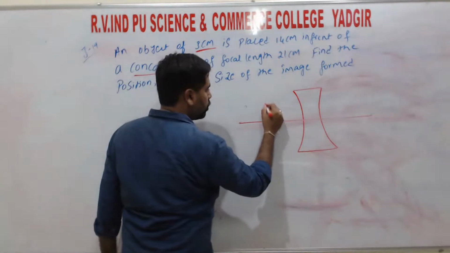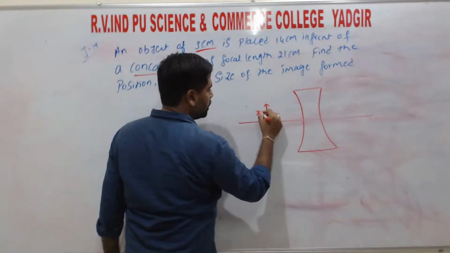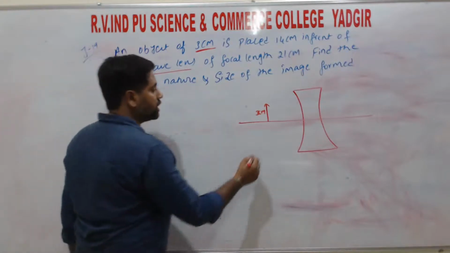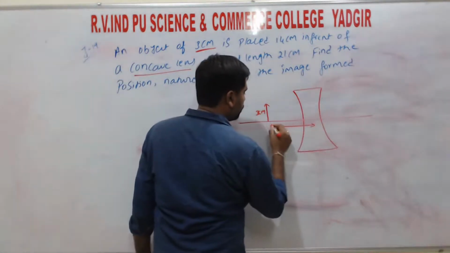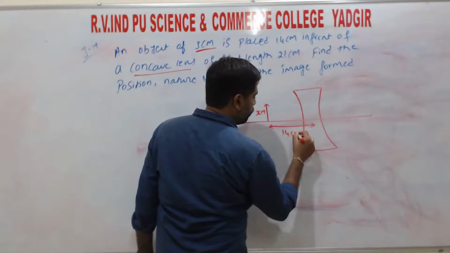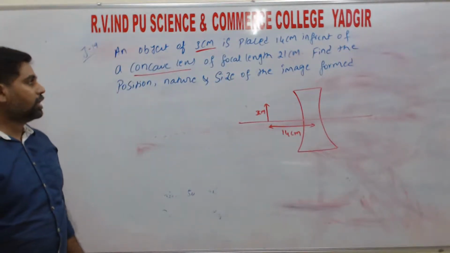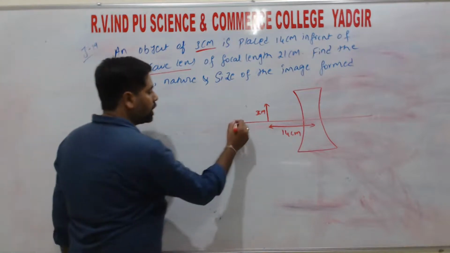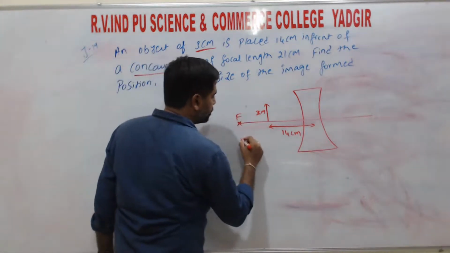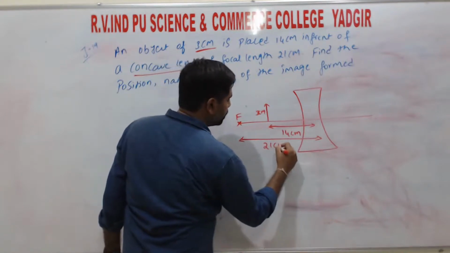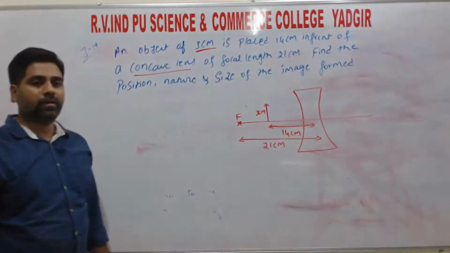It is placed at a distance of 14 centimeter in front of the concave lens, and the focal length is 21 centimeter.